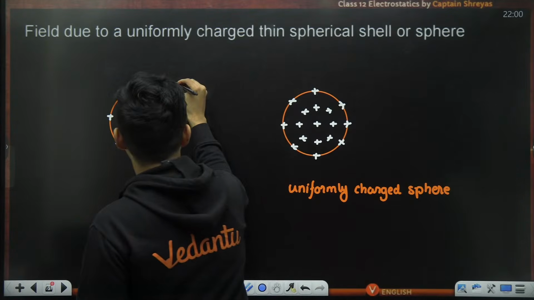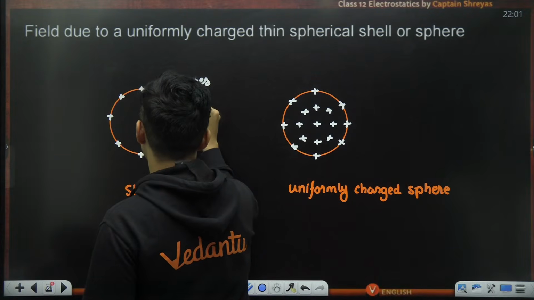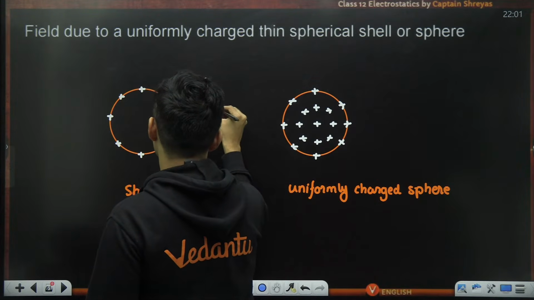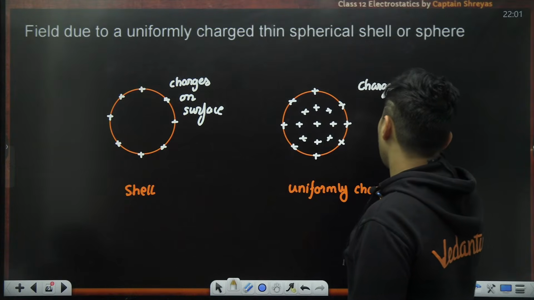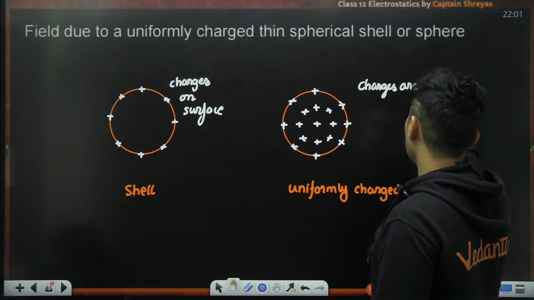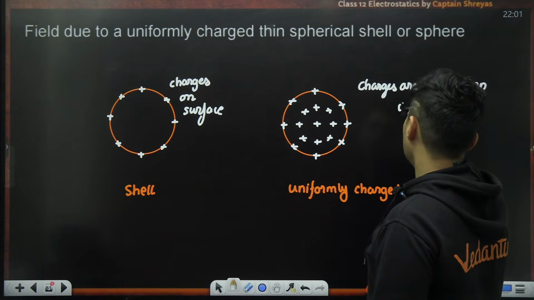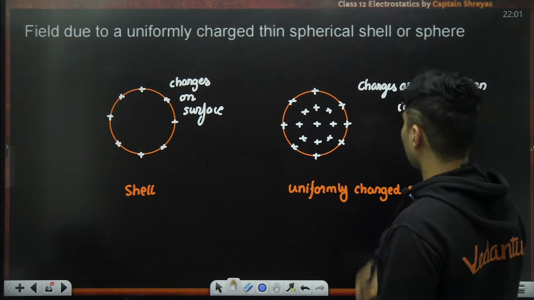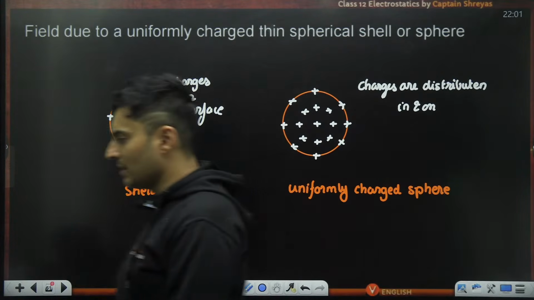So here the charges are only on the surface. Here the charges are distributed in and on the particular sphere, inside also and on the surface also.